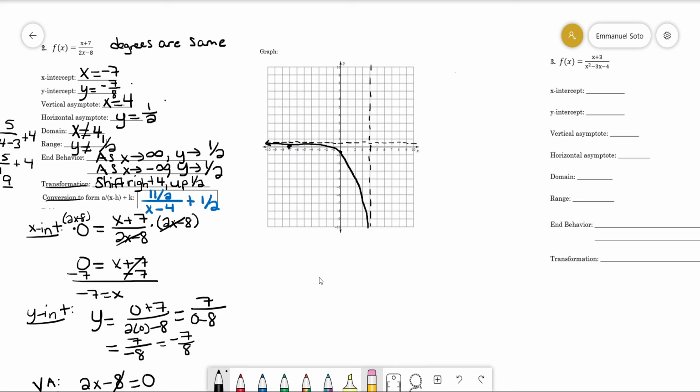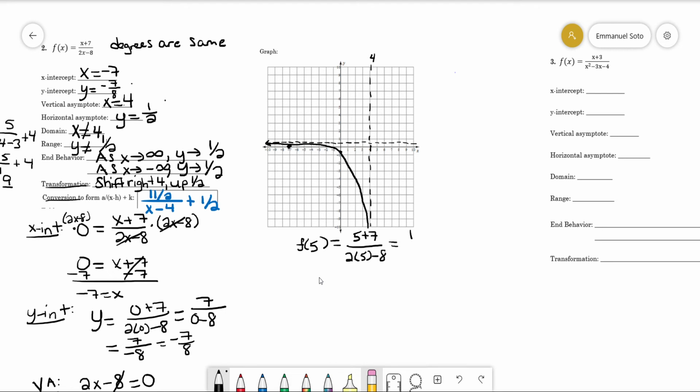And now we need to do the right side, so we need to plug in a number to the right of this vertical asymptote. Remember, this vertical asymptote is at 4, so we need to plug in like 5 or 6 or something like that. So let's plug in 5 into the original. f of 5 equals 5 plus 7 over 2 times 5 minus 8.